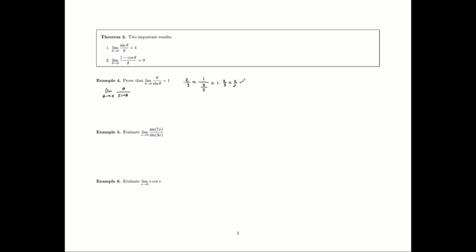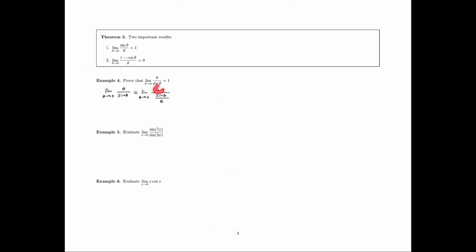So what we can do here is use the same sort of logic. I can say that this limit is equal to the limit as theta goes to 0 of 1 over sine of theta over theta, where this term, sine of theta over theta, is the first result in the theorem. So now I'm taking the limit of a quotient.